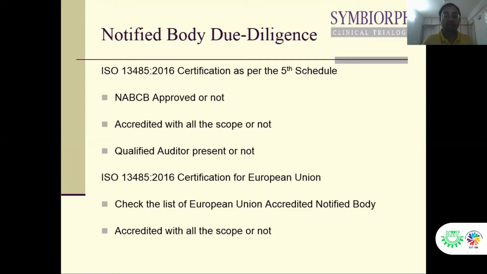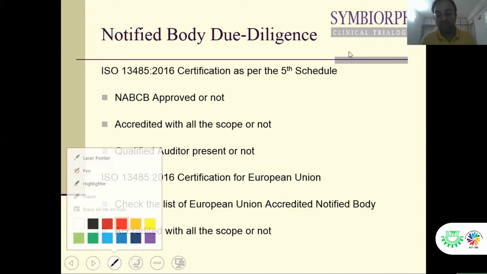The European Union has come up with a list of notified bodies, the accredited notified bodies who are liable to give you the certificate as per the requirement of 13485. So you don't have to go for two certifications. If you intend to market your product in India and in other countries, you have to select a notified body that has accreditation from both NABCB and the European Union.